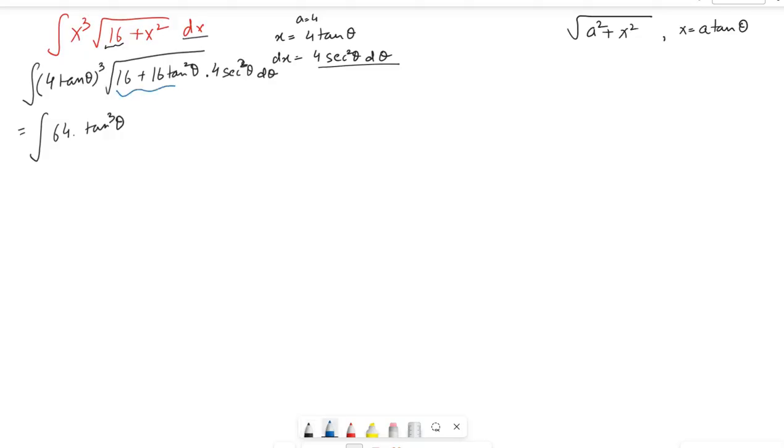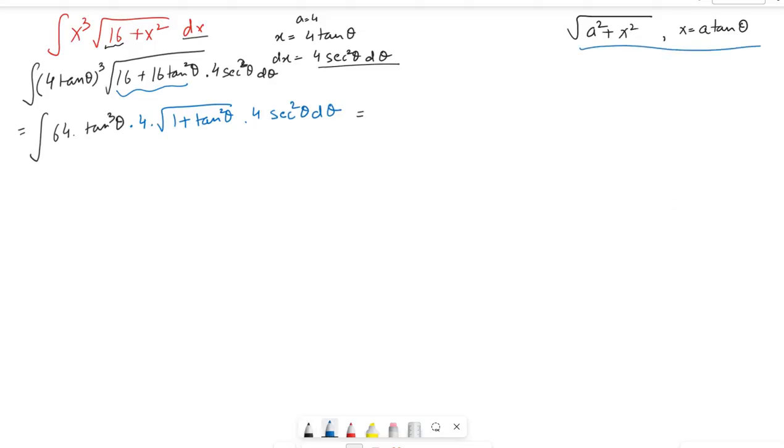Out of this square root, 16 can factor out, and the square root of 16 is 4. Then in the square root we will be left with 1 plus tangent square theta, times 4 secant square theta d theta.